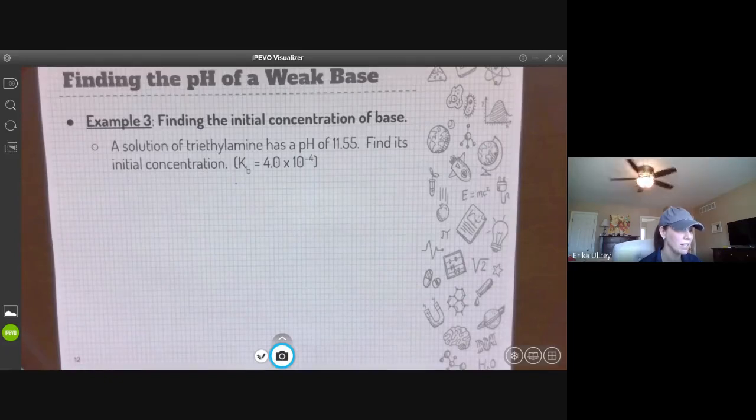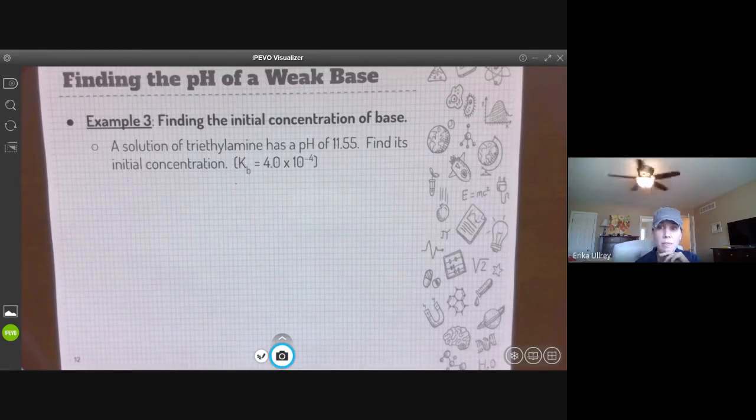Find its initial concentration. So we're going to have to work our way a little bit backward, right? So how are we going to do this? What might be our first step?